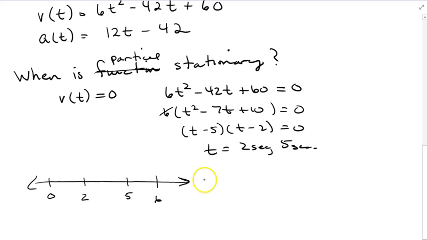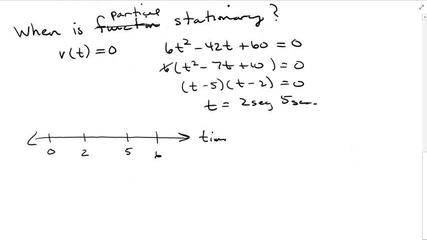So over time, here's what we have: it's stationary at 2 seconds, 5 seconds, and of course 0 seconds and 6 seconds just by the domain.